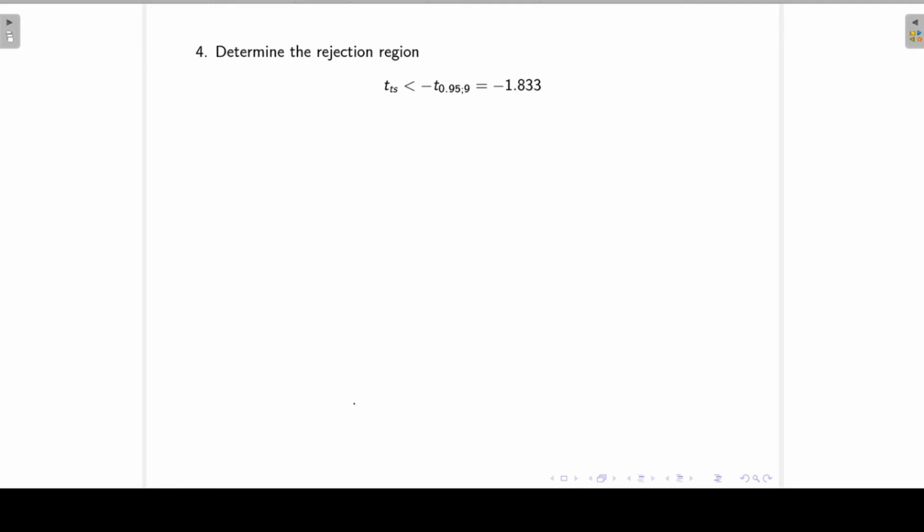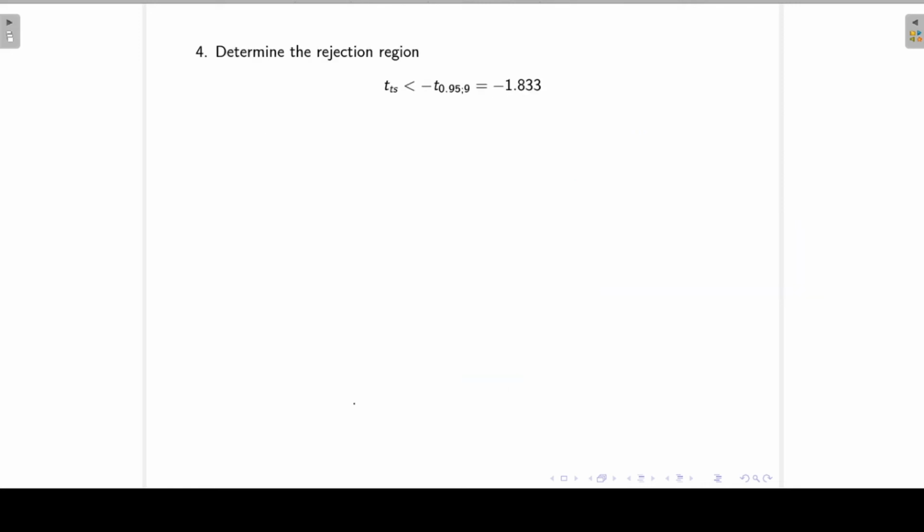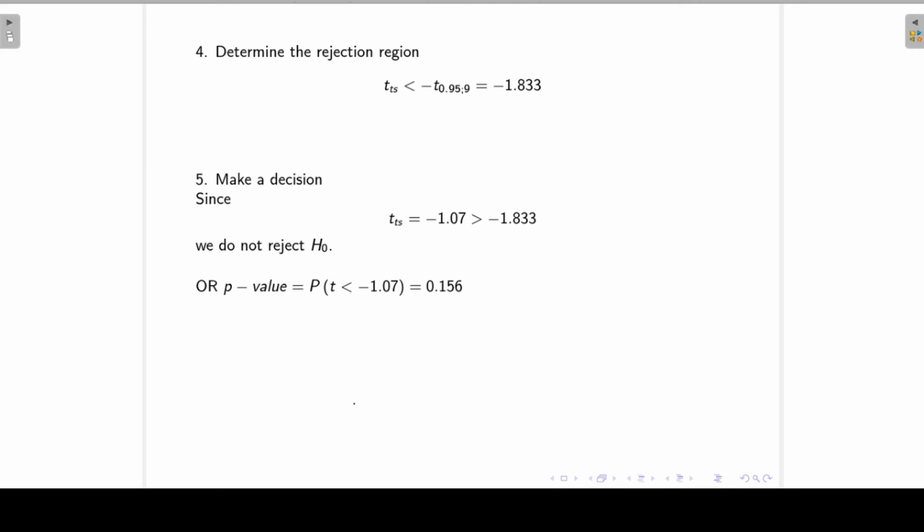and my critical value is minus 1.833. Now my calculated test statistic value is minus 1.07, and that is greater than minus 1.833. So it does not fall in the rejection region, and we do not reject the null hypothesis.